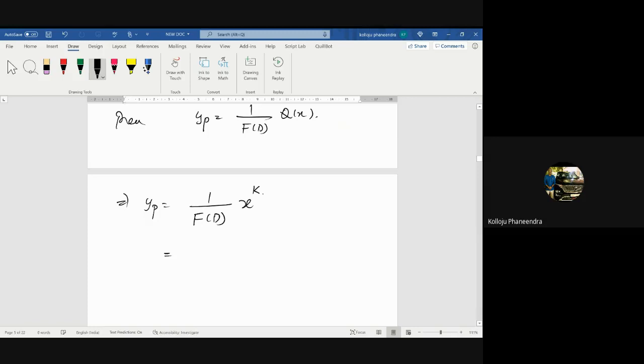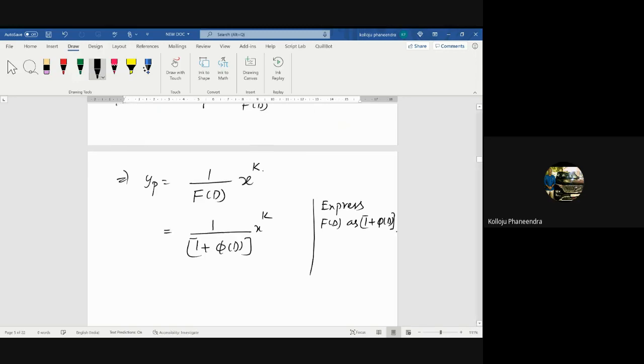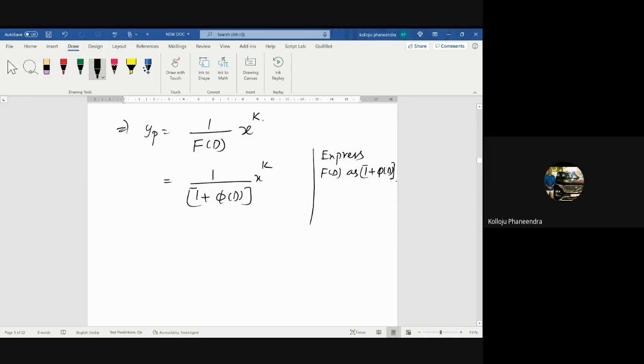You write f of d as 1 plus some function of d. Express f of d as 1 plus some function of d. Then take this 1 plus function of d to the numerator, that is, whole to the power of -1, acting on x power k.